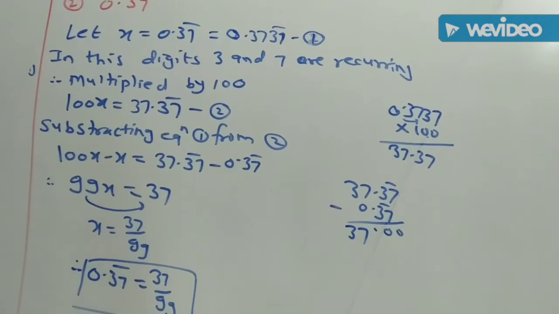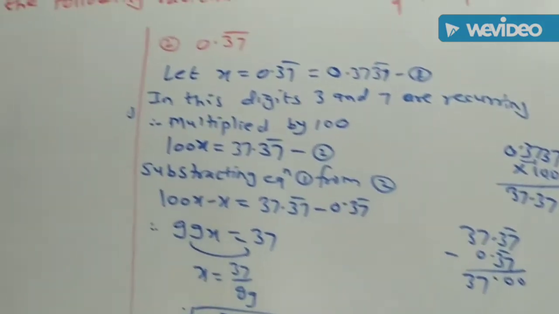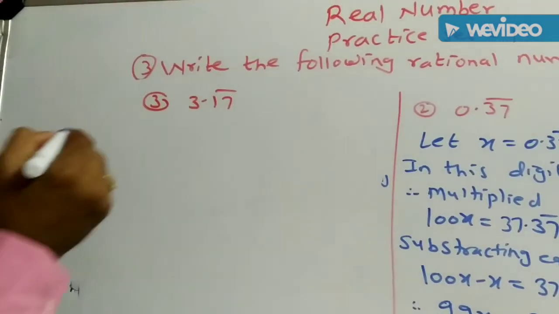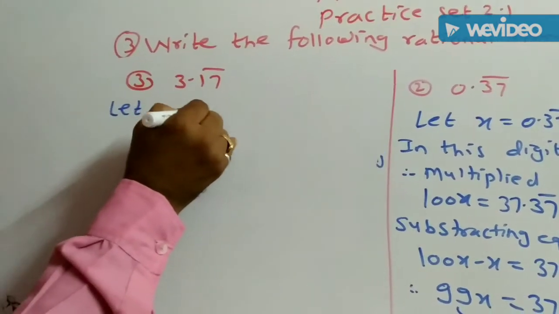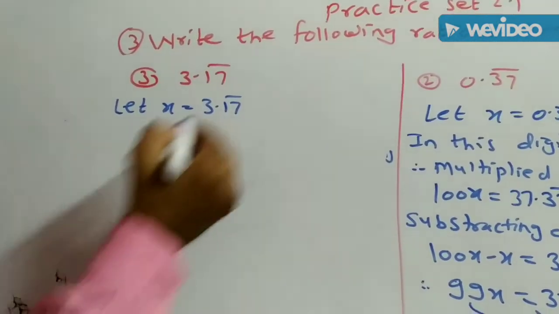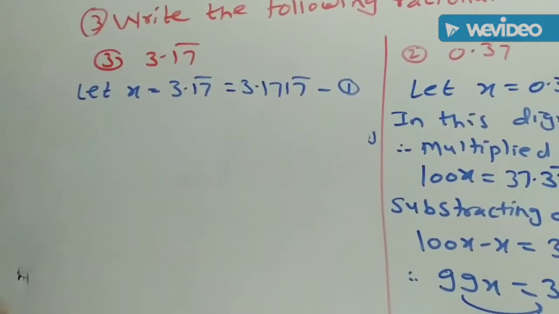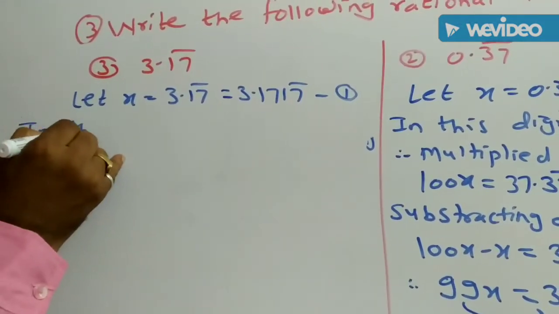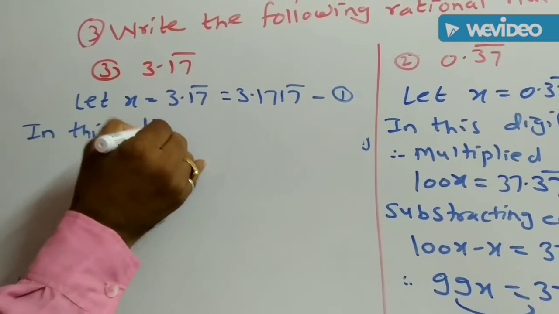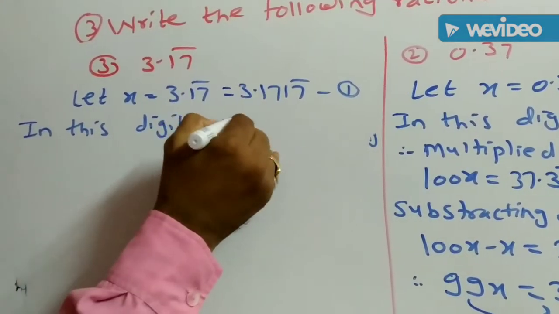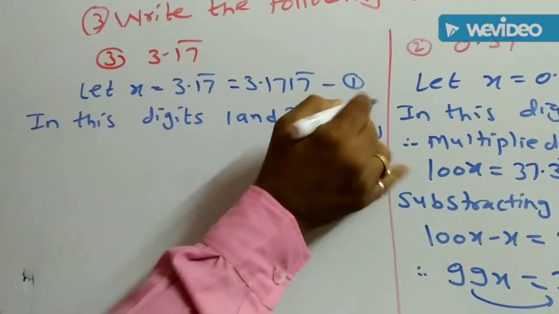3.17 bar. Then 3.17 bar, again we write let x is equal to 3.17 bar. It can be written as 3.1717 bar, equation 1. Again in this example, digits 1 and 7 are recurring. How many digits are recurring? 2.